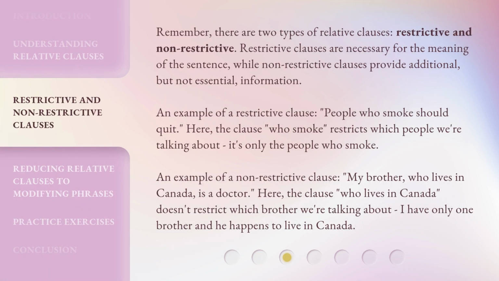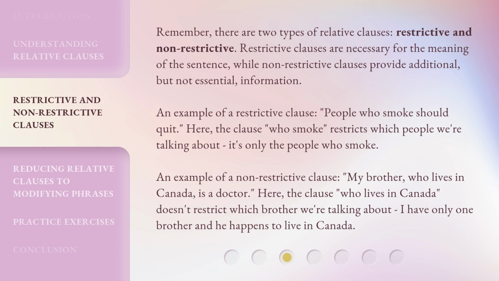Remember, there are two types of relative clauses: restrictive and non-restrictive. Restrictive clauses are necessary for the meaning of the sentence, while non-restrictive clauses provide additional, but not essential, information. An example of a restrictive clause: people who smoke should quit.